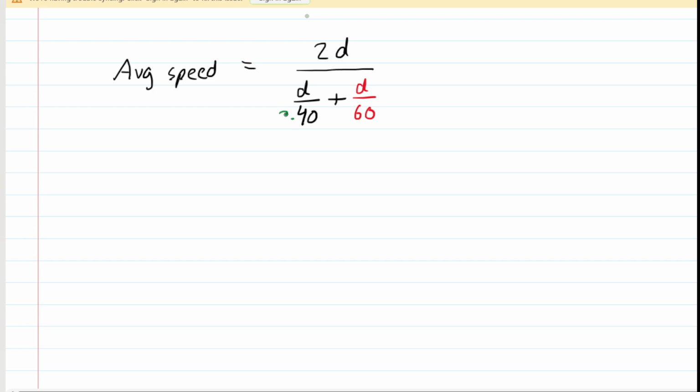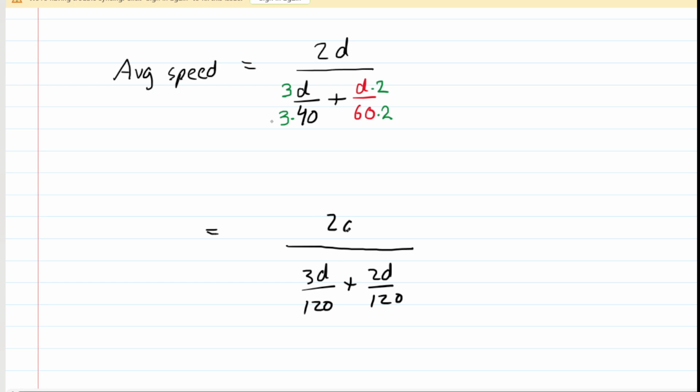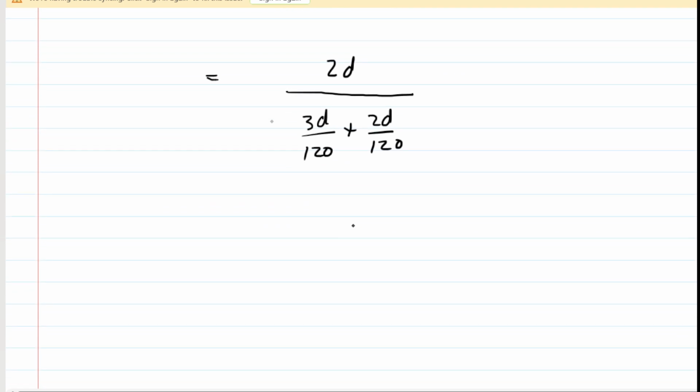So we're going to multiply this denominator by 3 as well as its numerator, and then multiply this denominator by 2 as well as its numerator, and that's going to give us a common denominator of 120. So in the denominator of this complex fraction, we're going to have 3d over the 120 plus the 2d over the 120. And then we have 2d up here. Now that we have the common denominator, we can add those fractions together. So we're going to end up with 3d plus 2d is 5d, and that's all over 120.